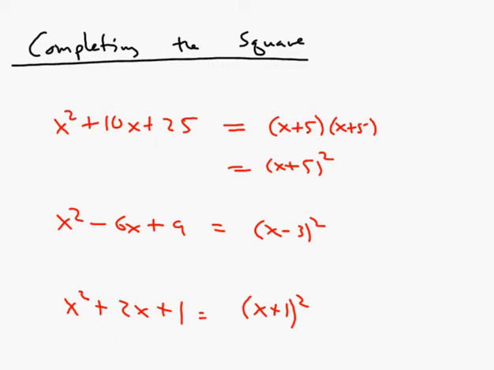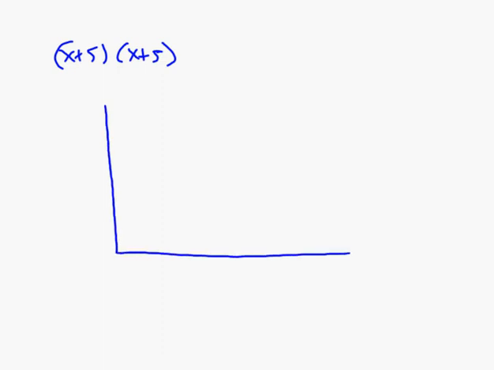Here's one reason. Let's look at the first one, x plus 5 times x plus 5. You may have seen this before, but it turns out you could think of this as an area problem. So let me show you what I mean. What we're going to do is consider all the separate terms. So I want you to imagine we had a rectangle or a square, one or the other.